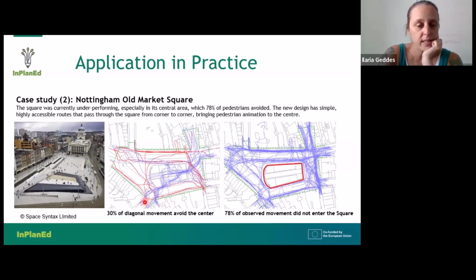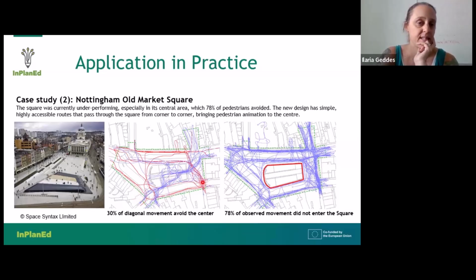So they looked at how people that had to move diagonally, meaning from corner to corner of the square, say from here to here or from here to there, moved. And they realized that despite perhaps bad crossing design, a lot of people still went through the center because it was the most desirable line.